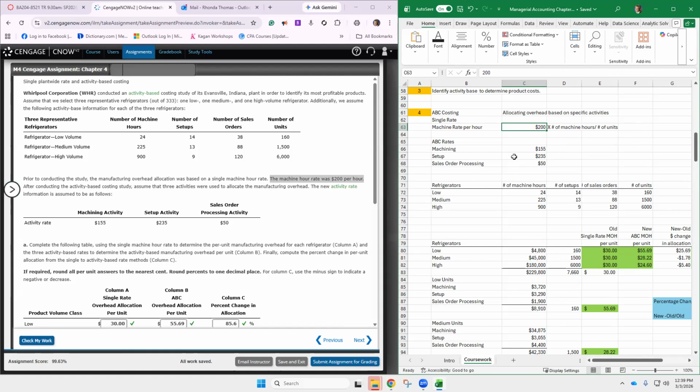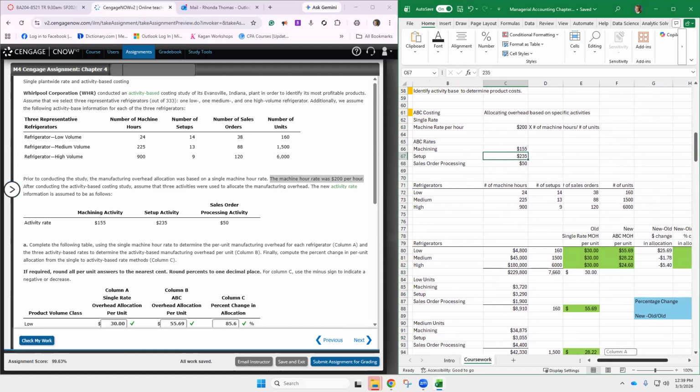And then I also put the rates for the different activities. Notice this is machining also, but this machining is $45 less than this one is. And then it also is spread out over setups and sales orders. And I've just put this into a table, okay?